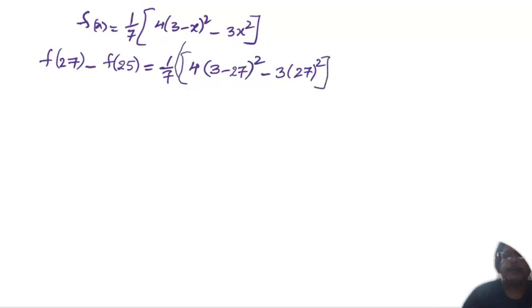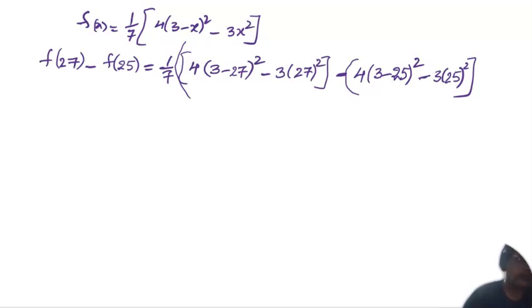This whole bracket we are keeping, minus 4 into 3 minus 25 whole square, minus 3 into 25 whole square. Both the values I am substituting at a time.